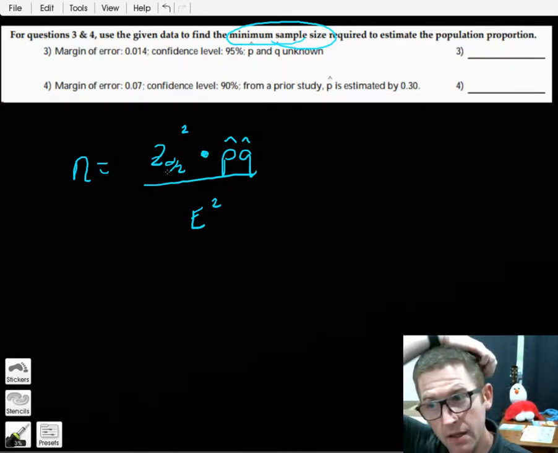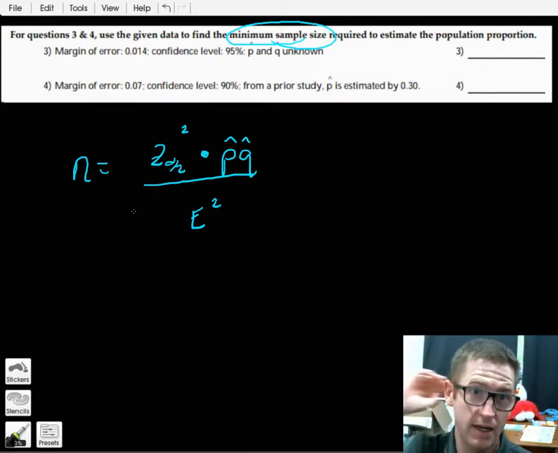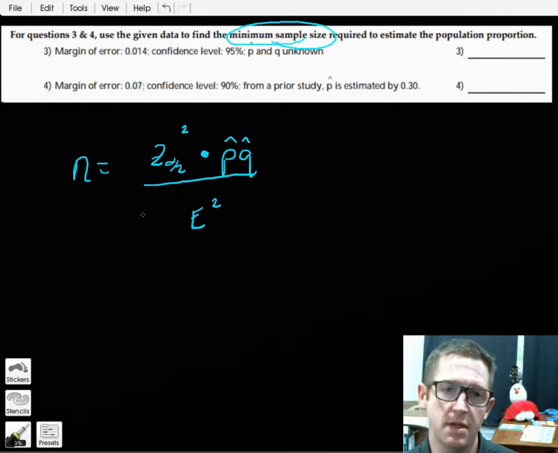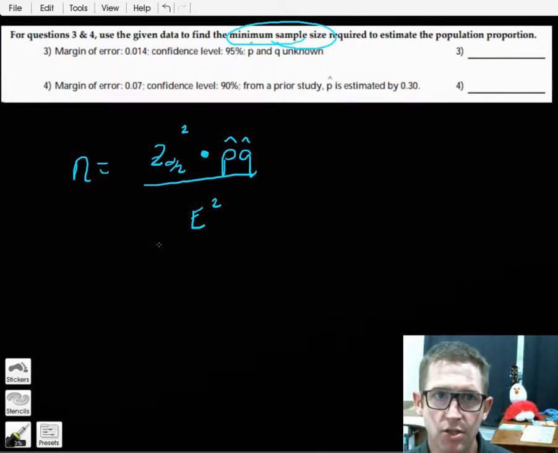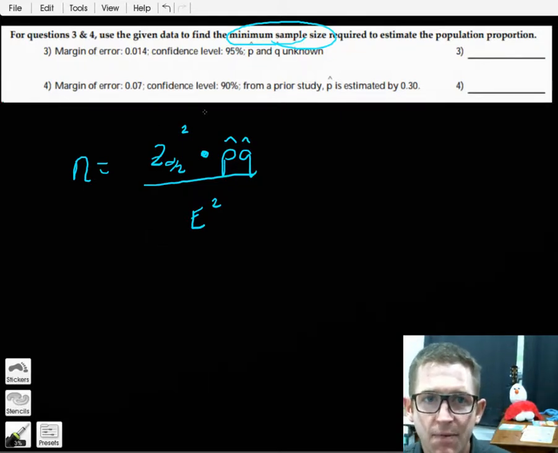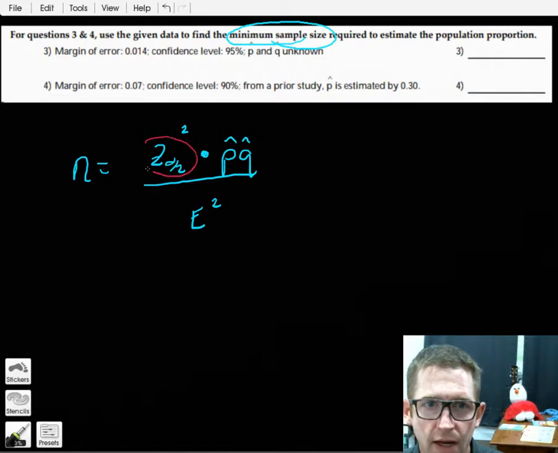Okay, that is the formula to calculate minimum sample size. So these two questions really are quote unquote plug and chug, except you're not strictly given the critical value, but you are given the confidence level.